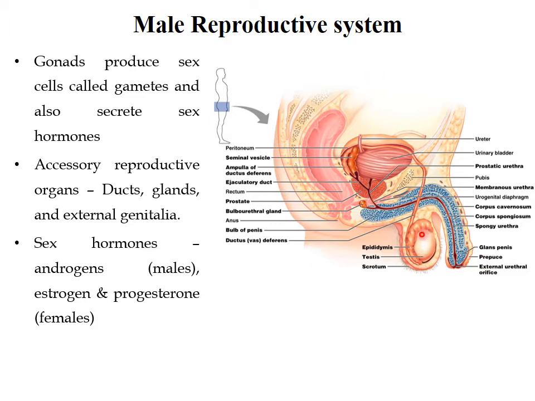So in this picture you can see the various organs mentioned. This is the primary sex organ, which is the testis. Then we have other structures like the epididymis and other structures which are part of the accessory reproductive organs, and also the external genitalia. Those parts, other than the one helping in the reproductive process, are called the accessory reproductive organs, which do not contribute to the production of gametes.